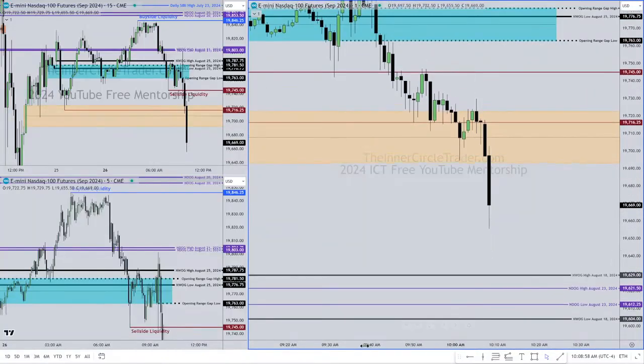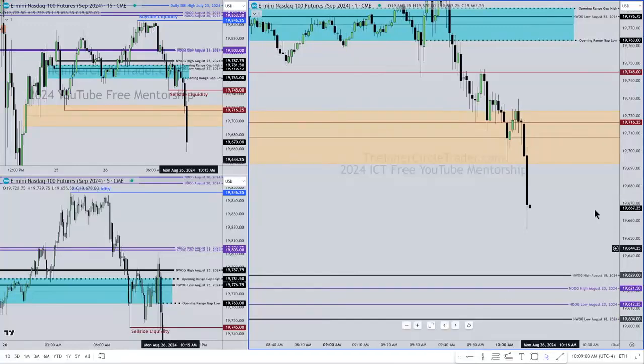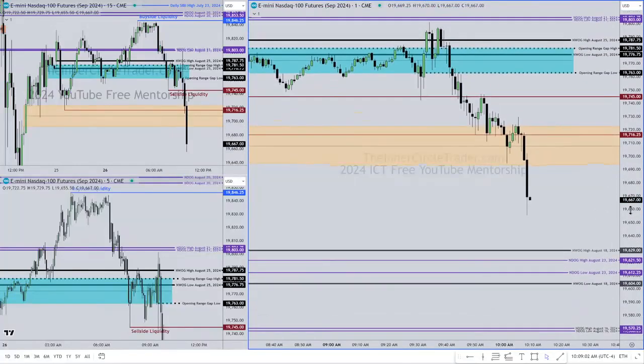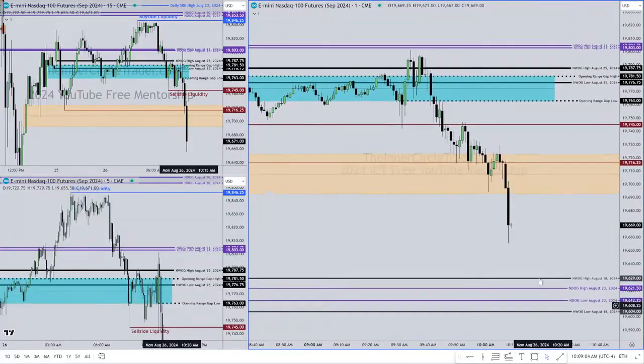Scrunch this up. You can see where we have a lot of the new day opening gap and new week opening gap. That's a big draw because it's layered. They're all nested together. We have that new day opening gap from the 23rd, and we have the 18th of August new week opening gap. So a real nice setup would be watching it trade up into that 15-minute fair value gap that we finally traded through.